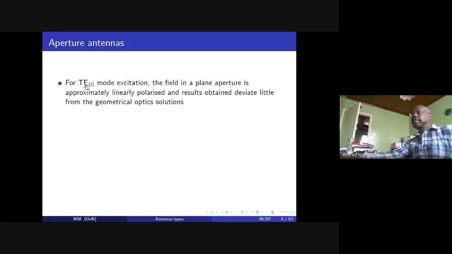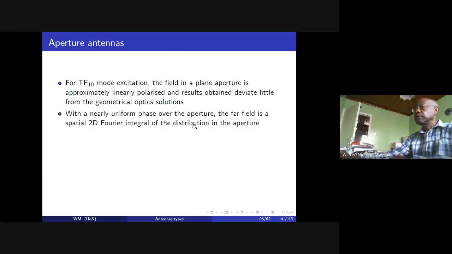So for the TE10 mode excitation, the field in the plane aperture is approximately linearly polarized, and results obtained deviate only a little from those of the geometrical optics solutions.